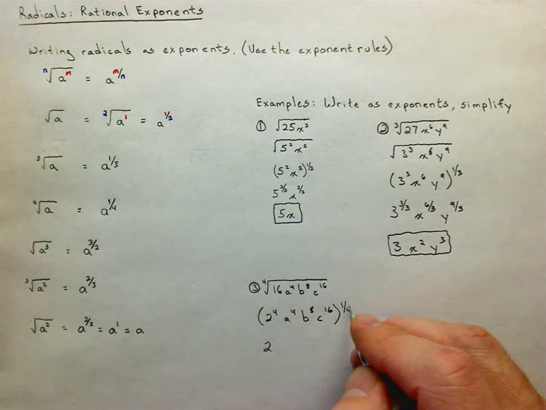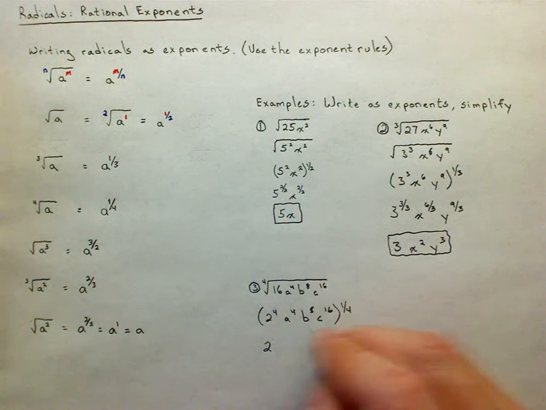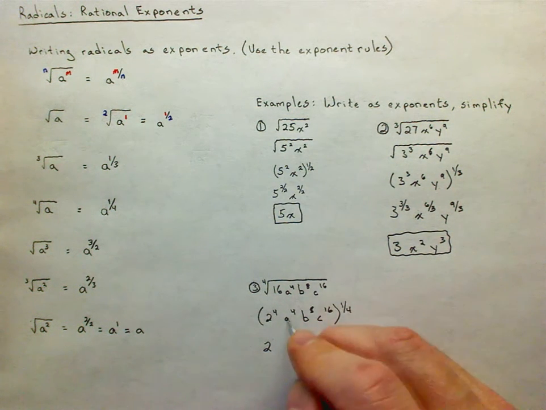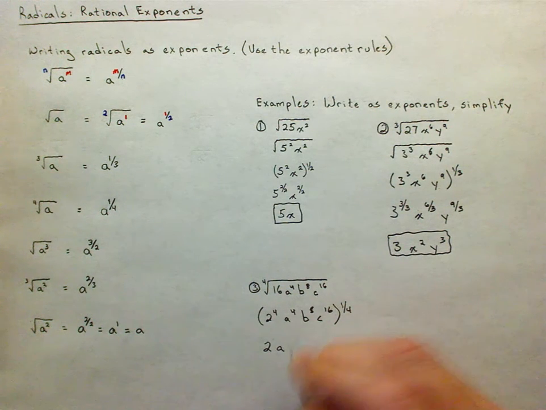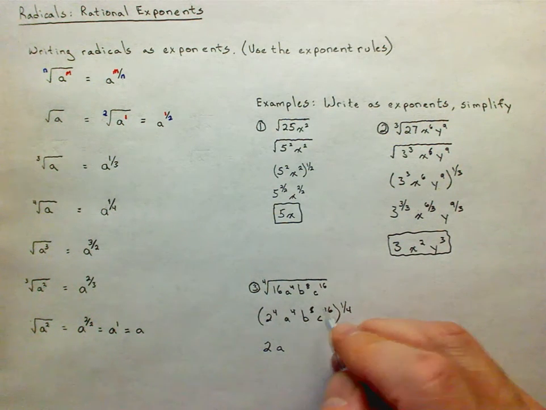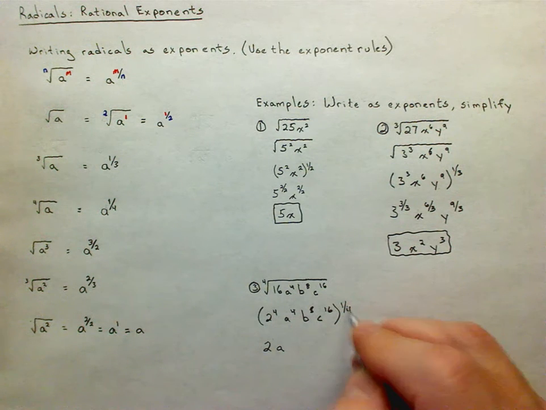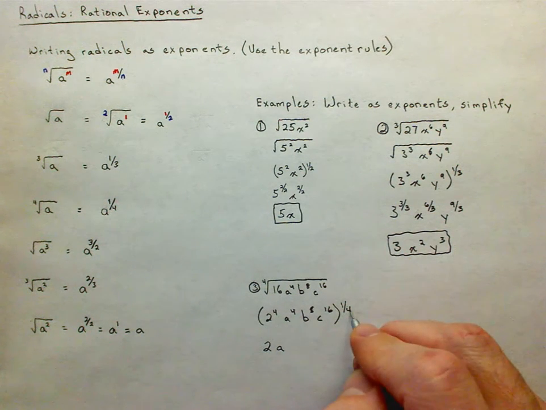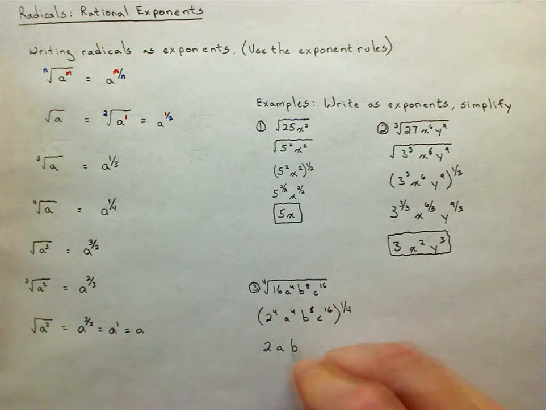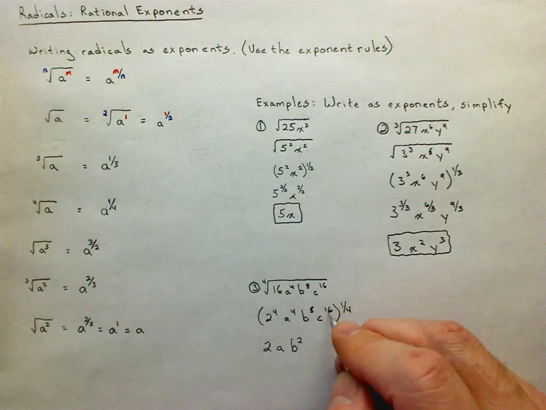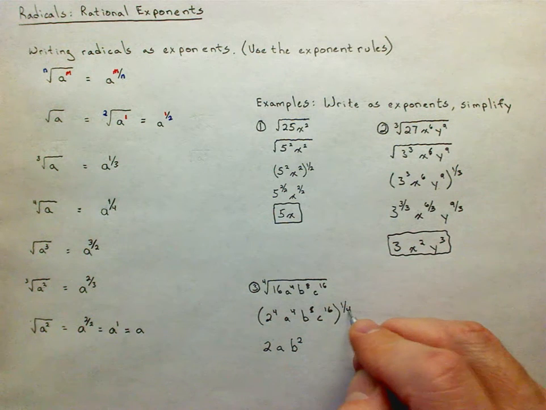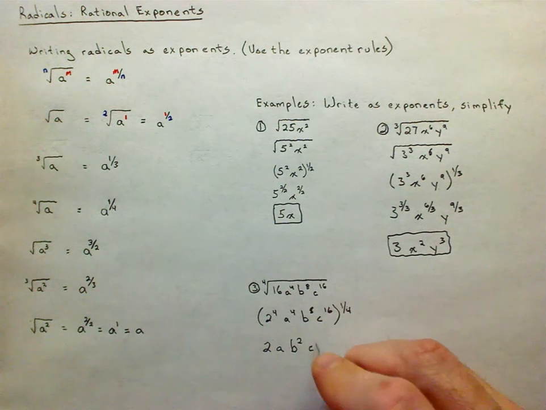A to the fourth to the 1/4, that's the same as dividing 4 by 4, so it'll be a to the first. B to the eighth to the 1/4 is 8 divided by 4, which is 2, so that is b squared. And c to the 16th is 16 divided by 4, which is c to the 4th.